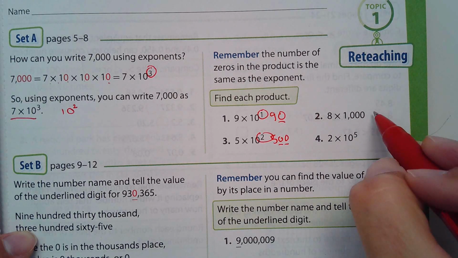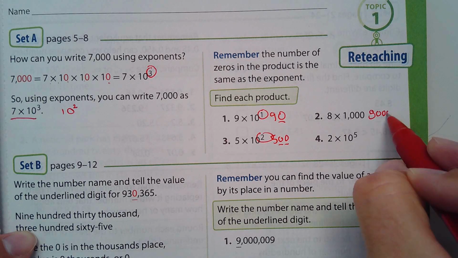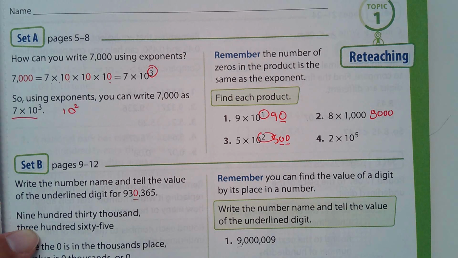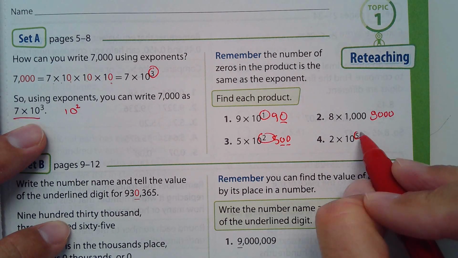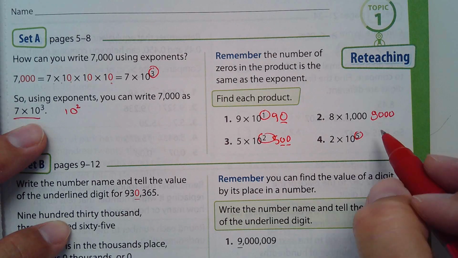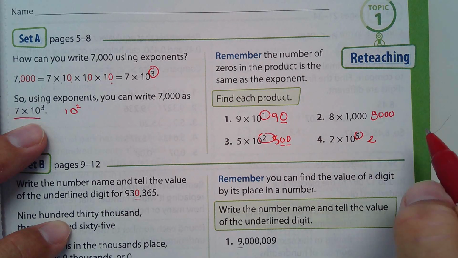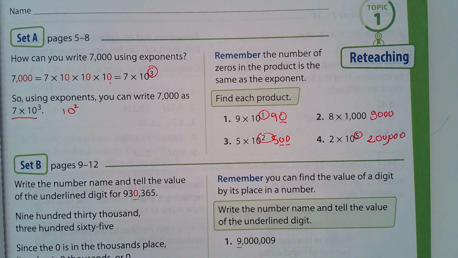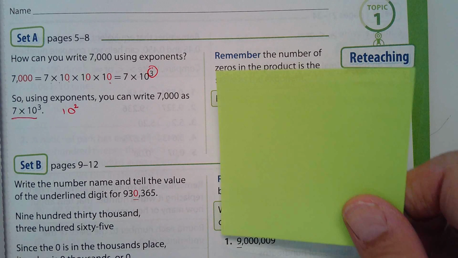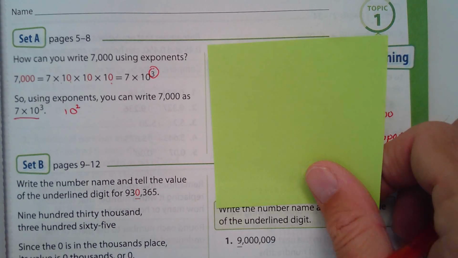So that's 9 times 10. 5 times 10 squared, 500. 2 zeros, exponent of 2. 8 times 10 cubed, 8,000. Obviously, that's pretty easy. And 2 times 10 to the fifth, that's 2. How many zeros? 1, 2, 3, 4, 5.